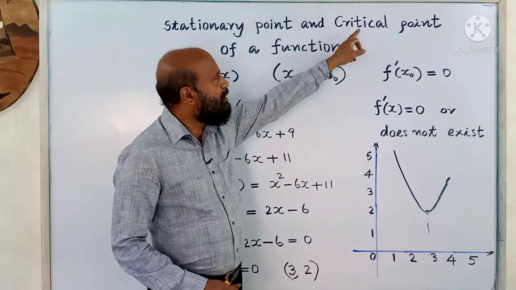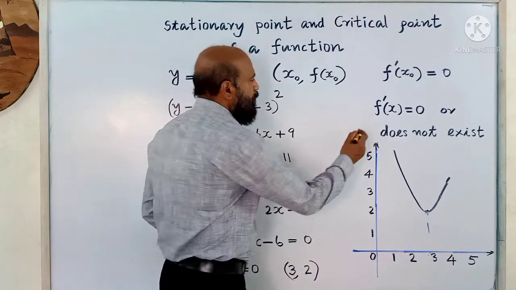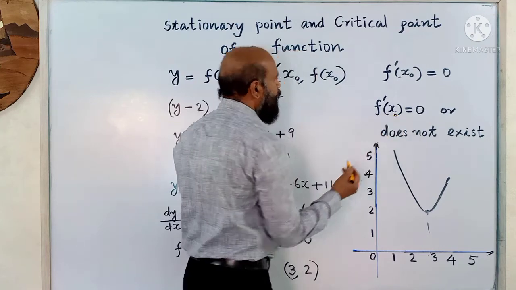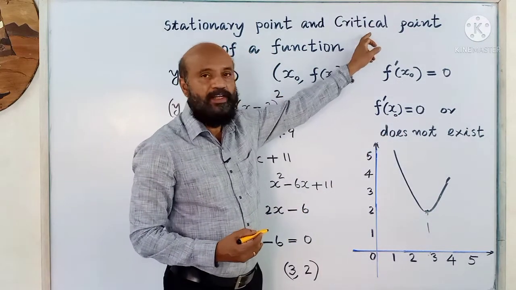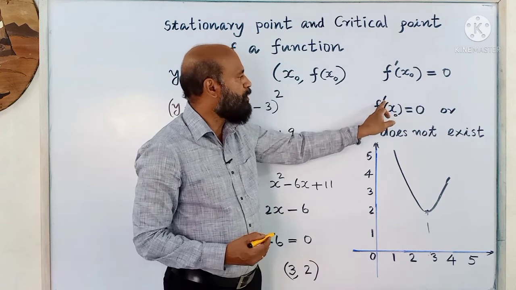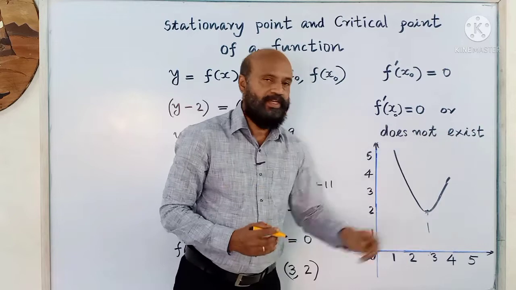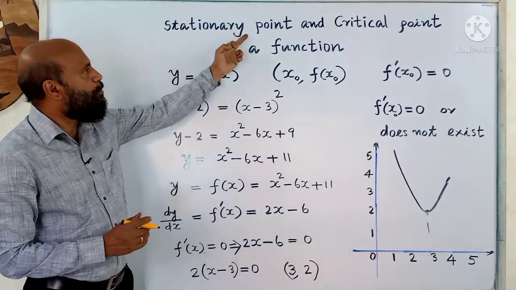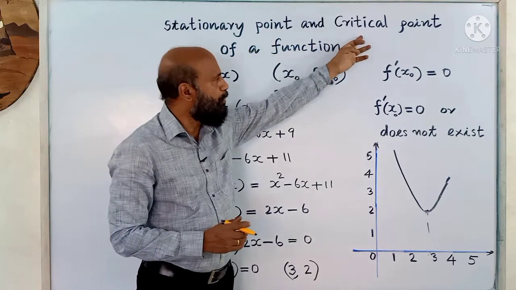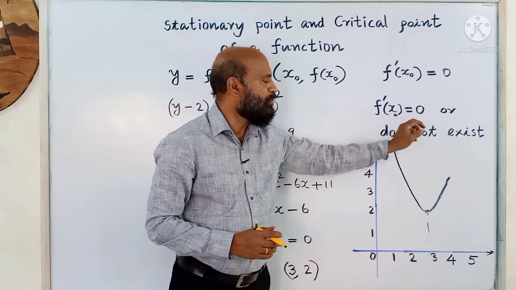Then let us see what a critical point is. The point x0 comma f of x0 is said to be a critical point if the first derivative at that point is 0 or does not exist. All the stationary points will be critical points, because here f dash x0 is 0.